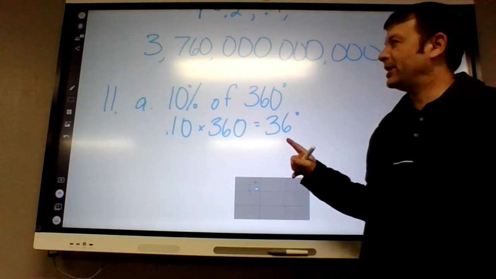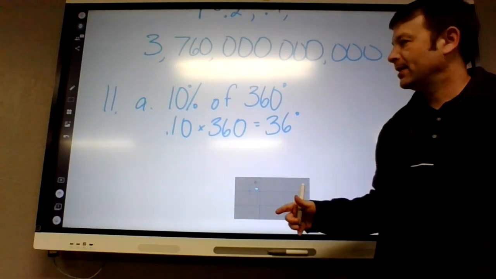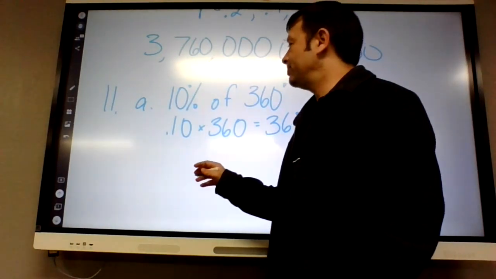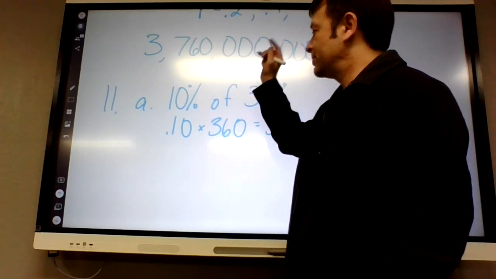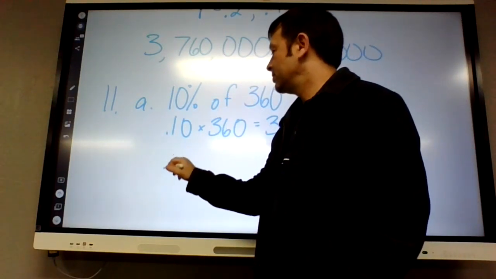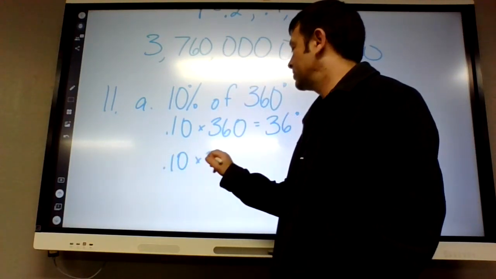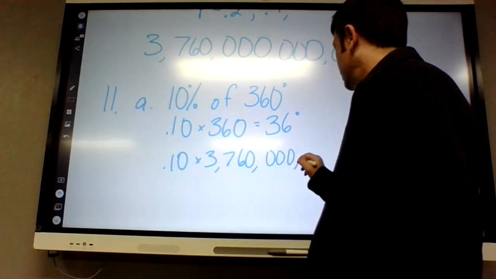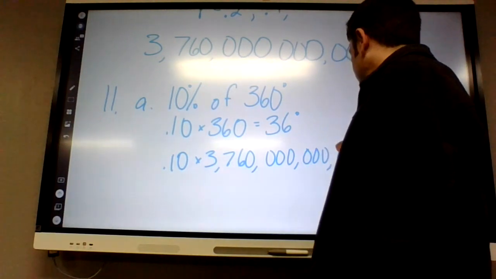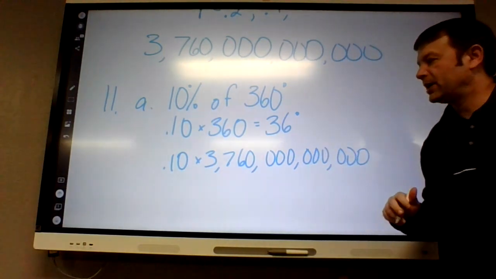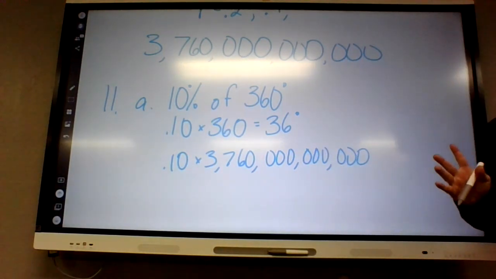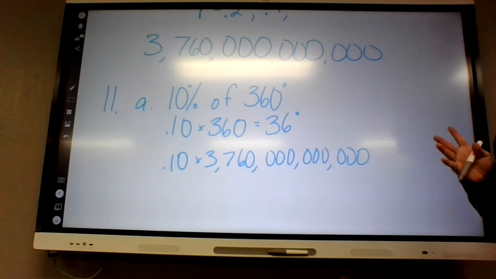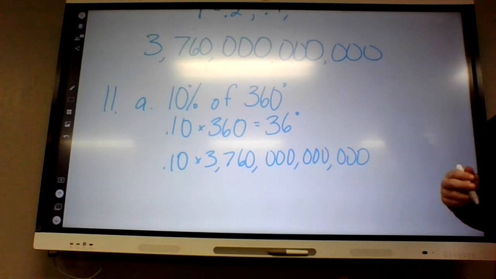But they also want how much money are we spending. So the money we're spending would be 10% of the 3 trillion, 760 billion. But here's the thing. They say in the directions that we're supposed to round to 1/10 of a billion, I think.